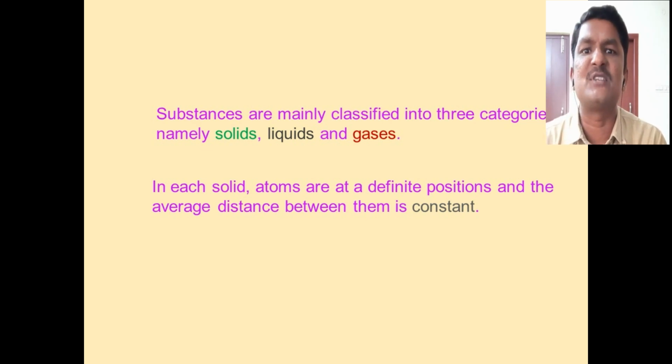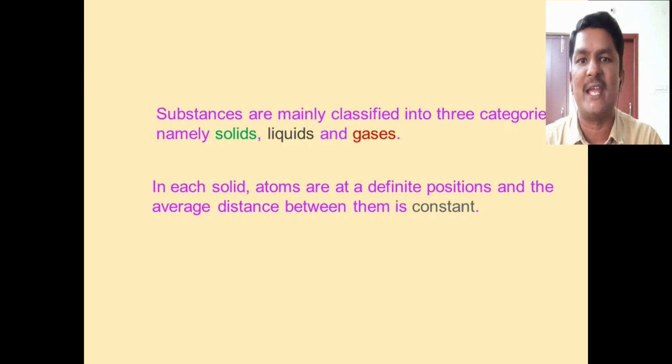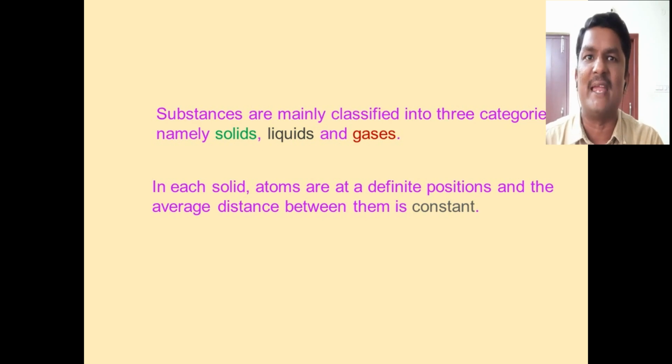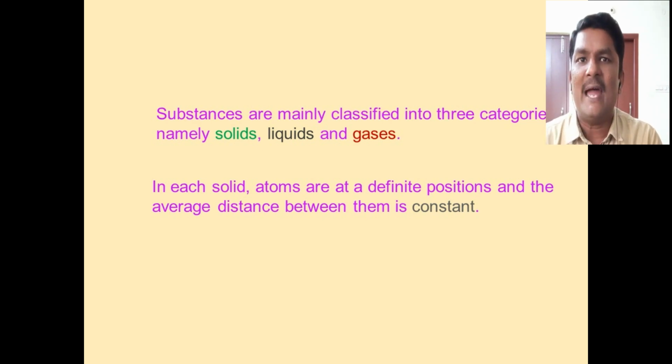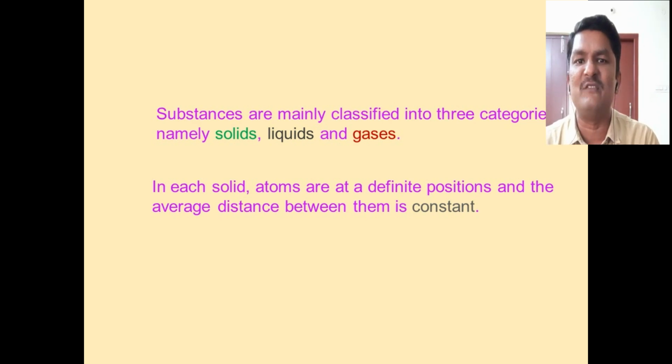Students, a substance is made up of molecules, and a molecule is made up of atoms. Substances are mainly classified into 3 categories: solids, liquids and gases. In solids, atoms are at definite positions and the average distance between them is constant. That means the intermolecular distance remains constant.